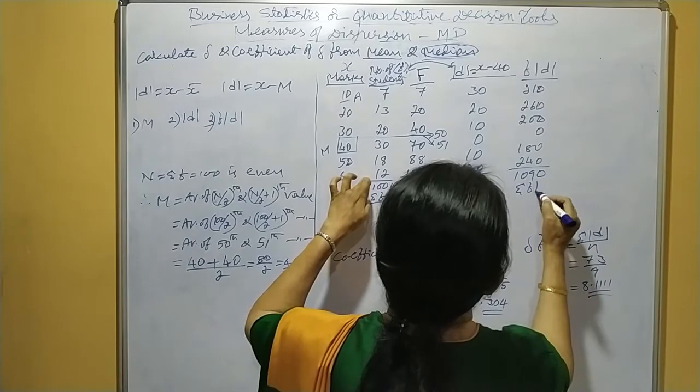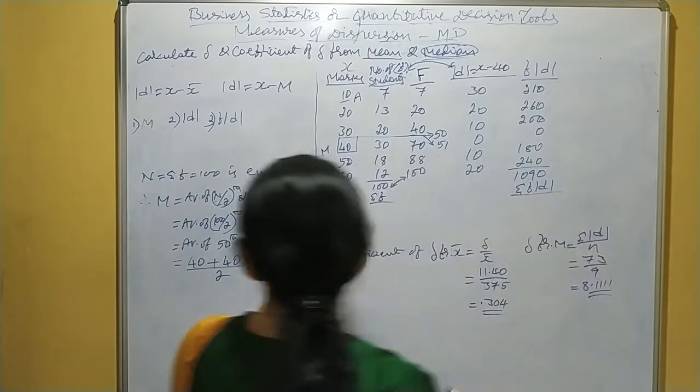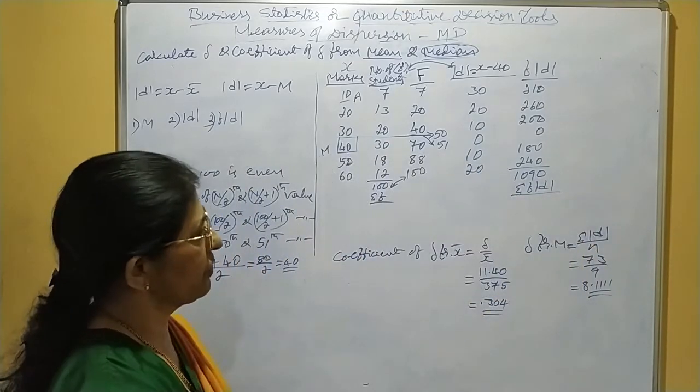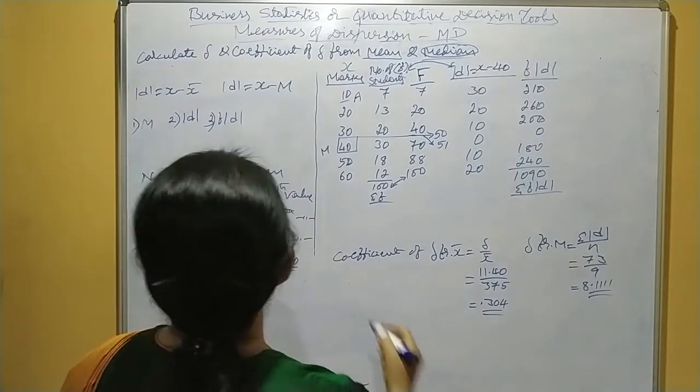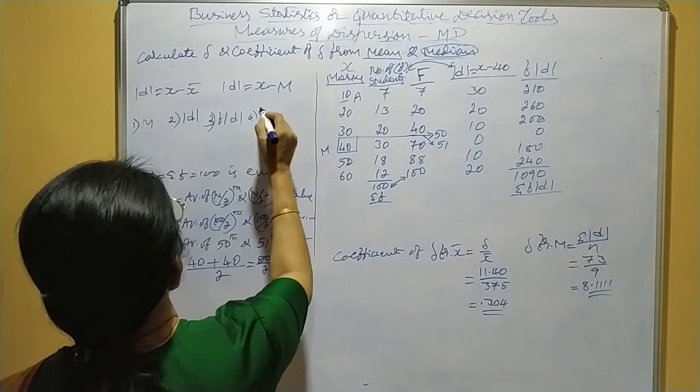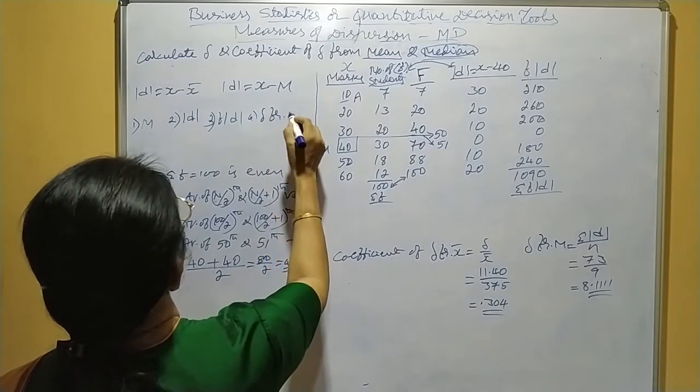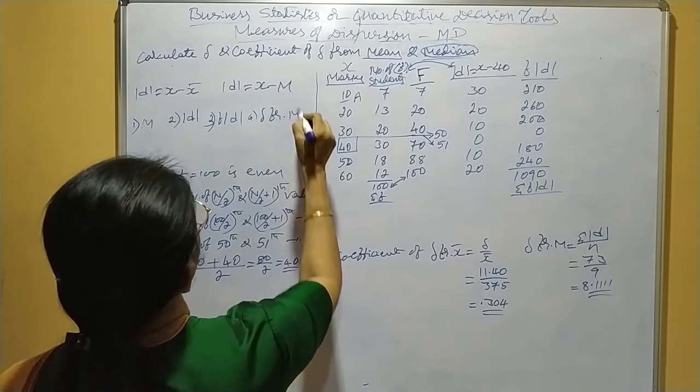That is sigma f modulus d. Okay. Now you have to find out mean deviation. Next step is mean deviation from median.